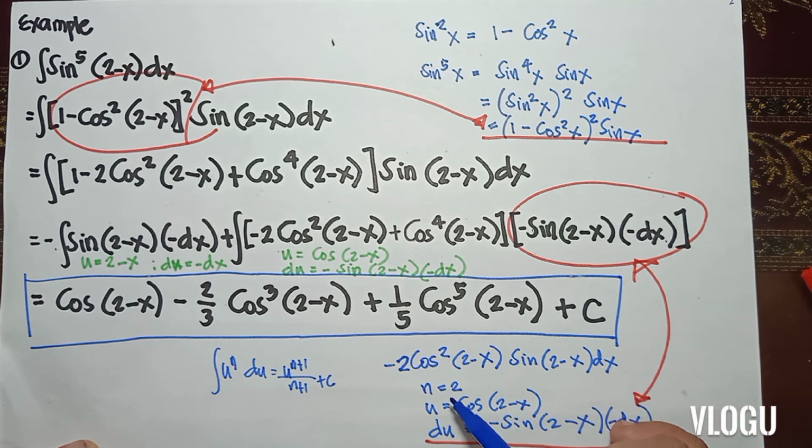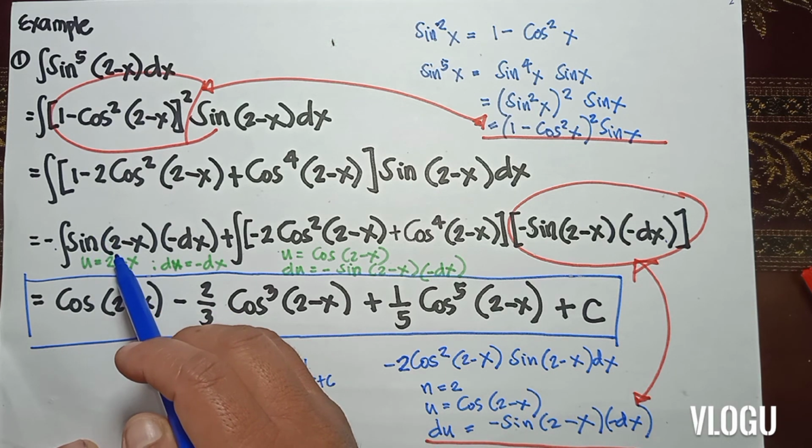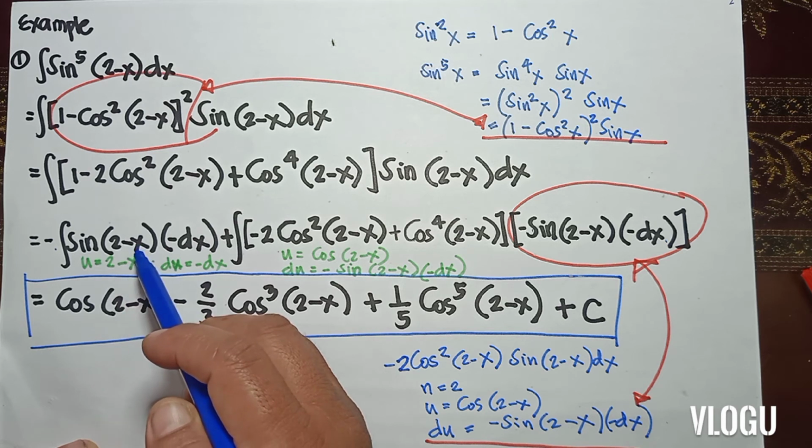Our n here is 2, and you will use u to the n here. Why? Because you have two trigonometric functions. If we have one trigonometric function, your u is your 2 minus x.